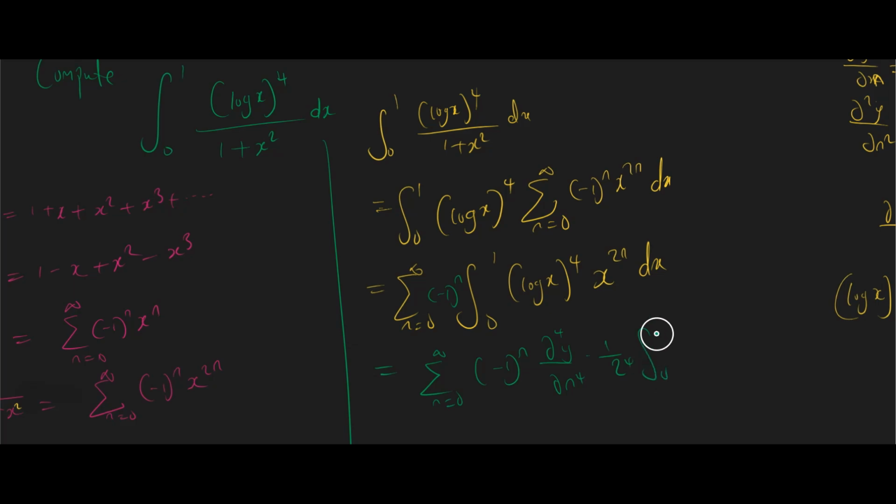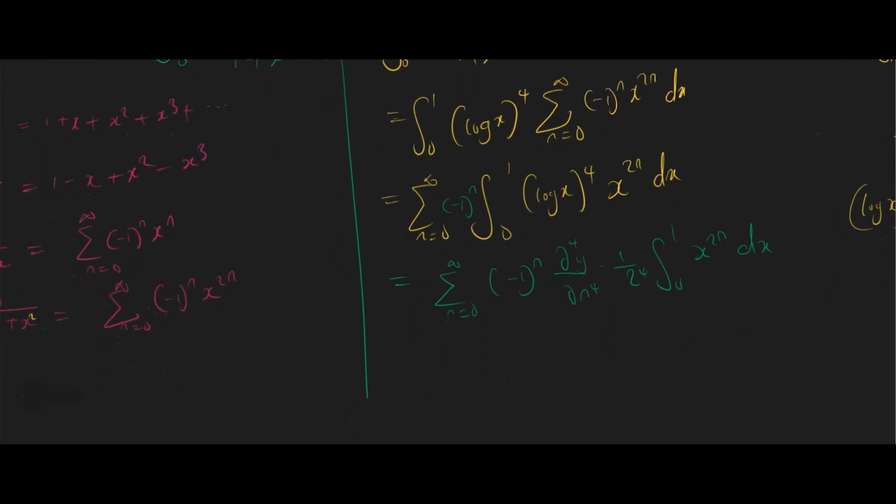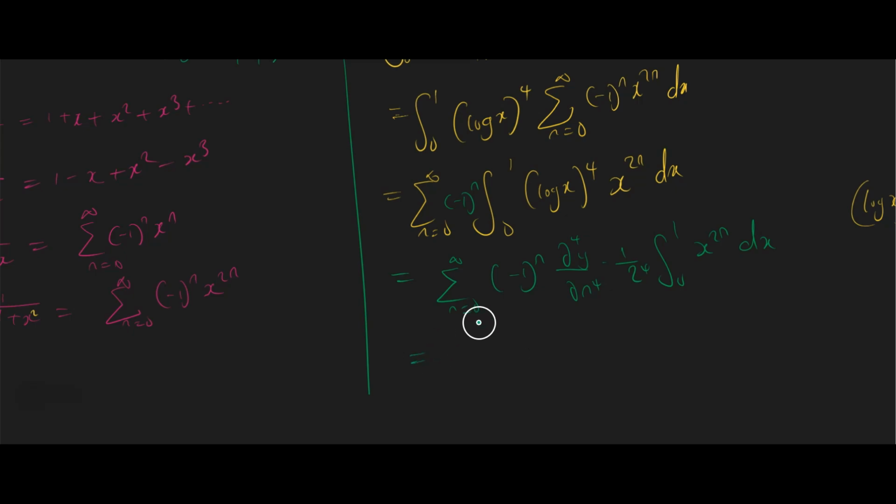Then the integral from 0 to 1 of x to the 2n dx. If we continue in this fashion, this is the sum as n runs from 0 up until infinity of negative 1 to the n, then 1 over 2 to the fourth, of course.